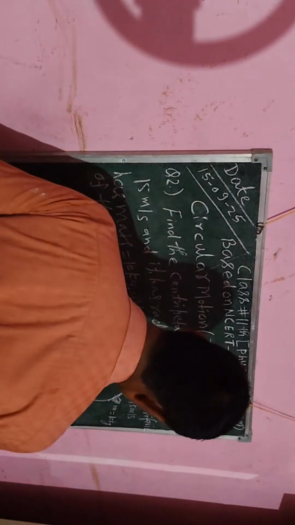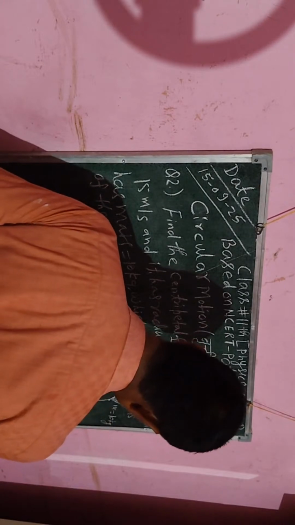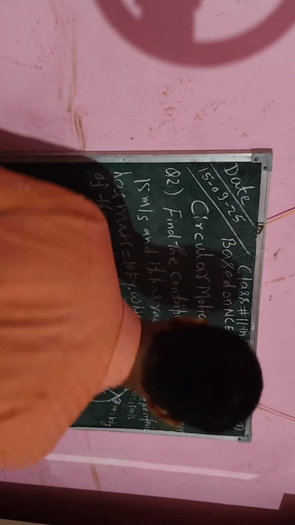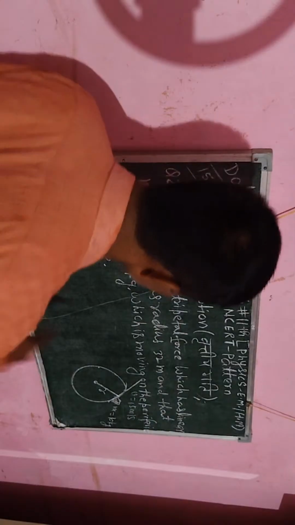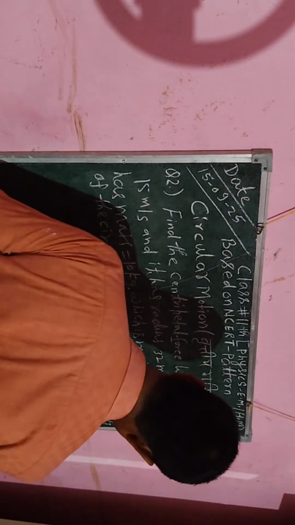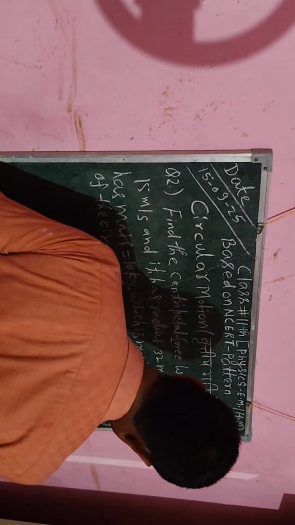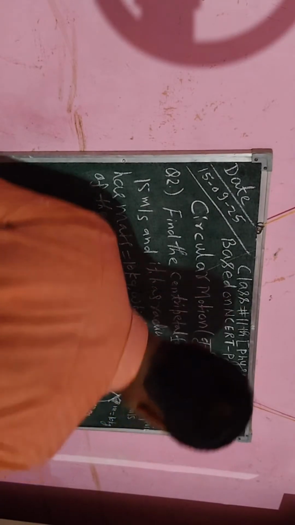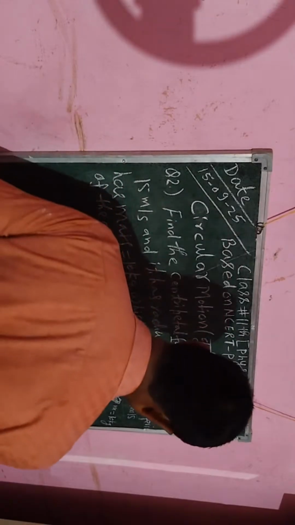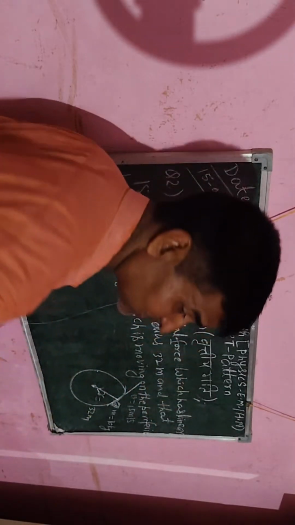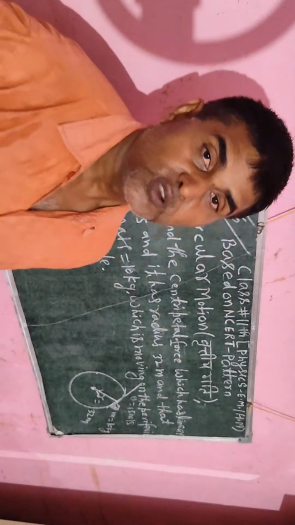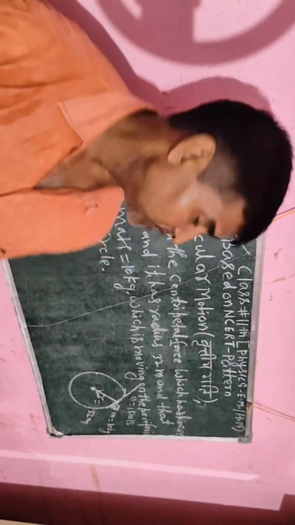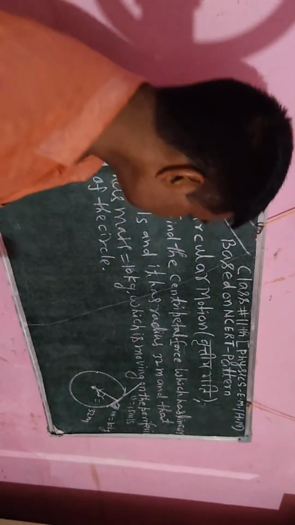So we have to find centripetal force. It has a radius r, and its value is given as 32 meter. The direction of the centripetal force will be towards the center of the circle.